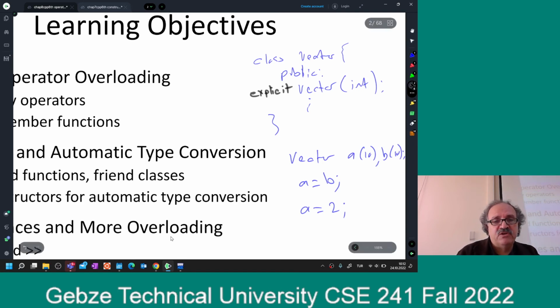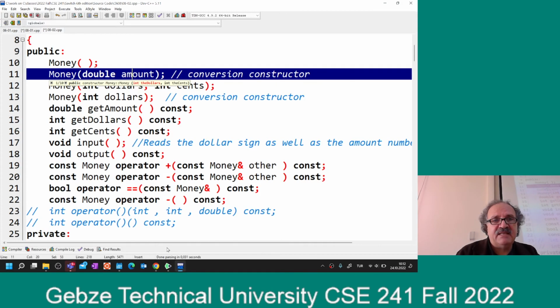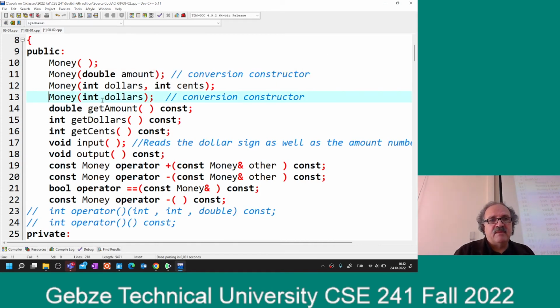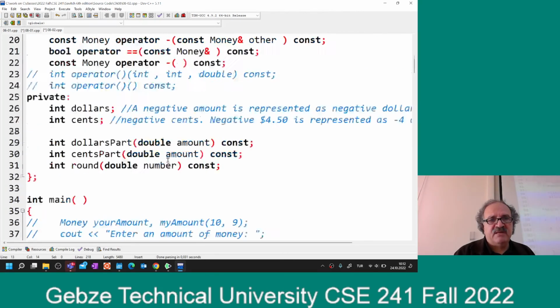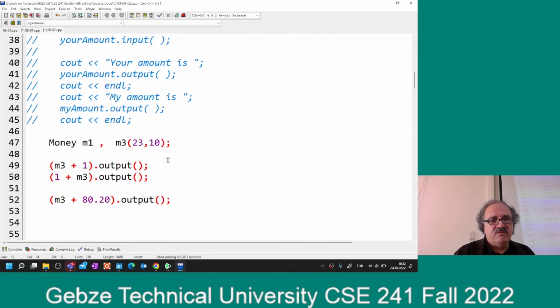If you put explicit at the beginning of this, from now on this will not work, because I told the compiler not to make an object out of this $80.20 by using the conversion constructor.